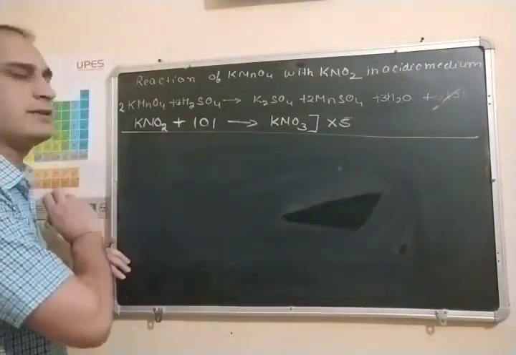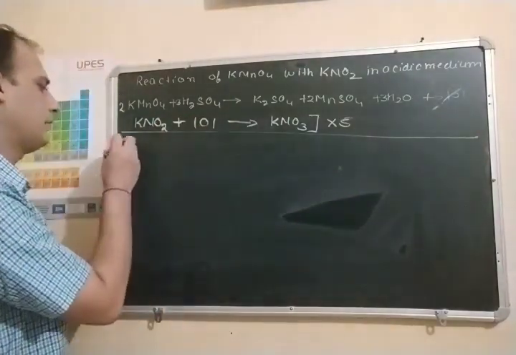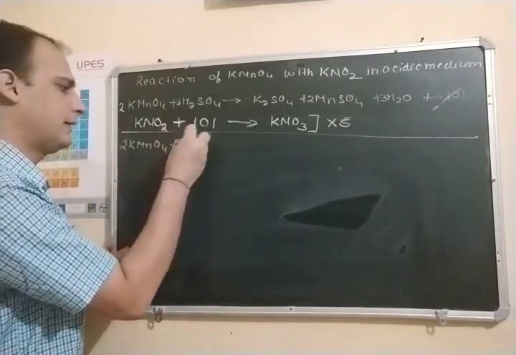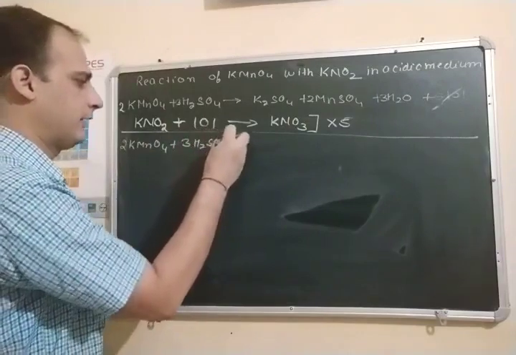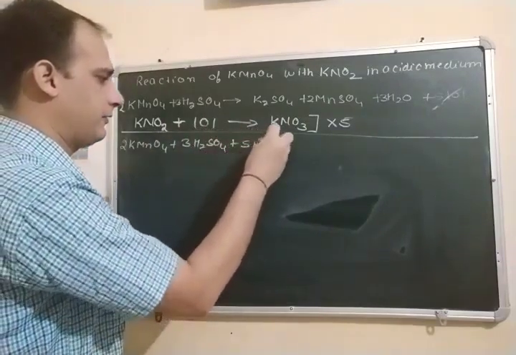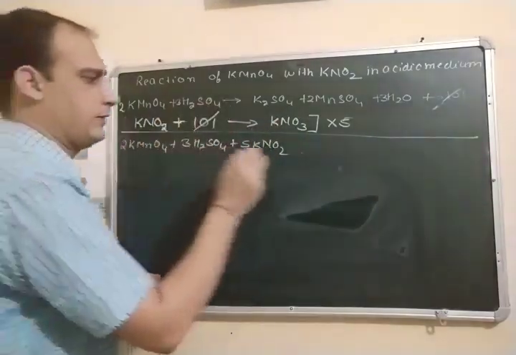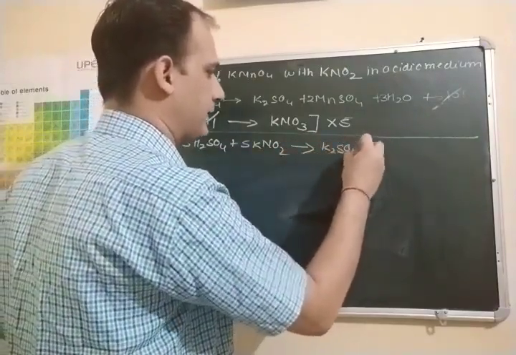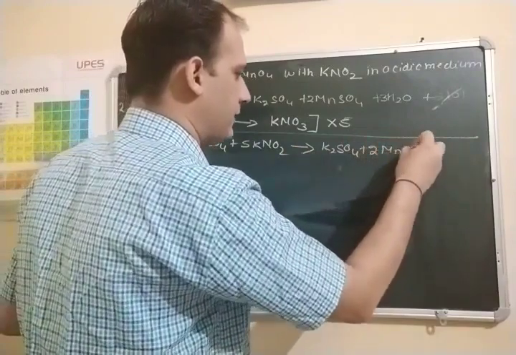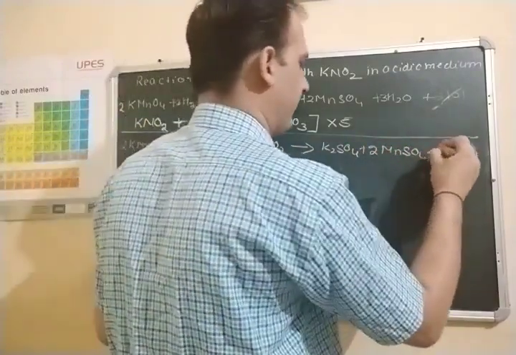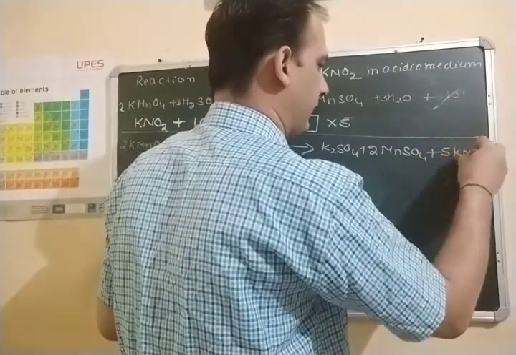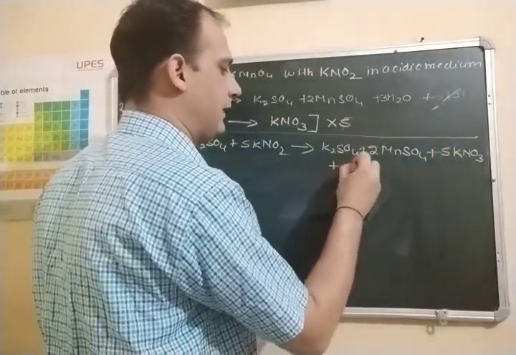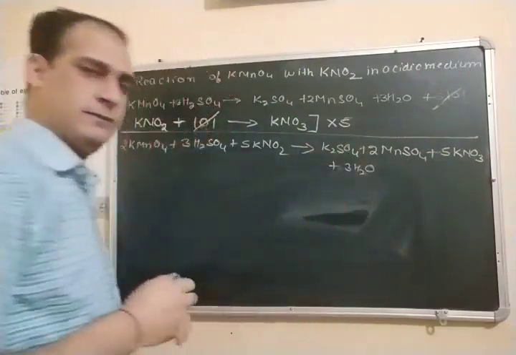And as far as the overall equation is concerned, the overall equation will be 2 KMnO4 plus 3 H2SO4 plus 5 KNO2. The oxygen will cancel out, giving rise to K2SO4 plus 2 MnSO4 plus 5 KNO3 plus how many water molecules? 3 water molecules.